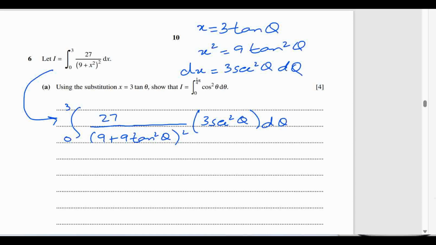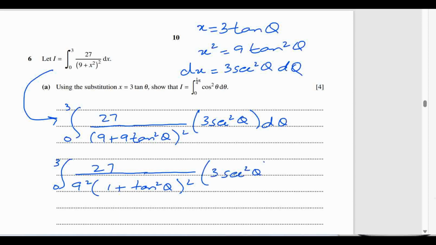Now let's simplify this one. So this will be the integral from 0 to 3 of 27. Now we can take 9 square as common, so this should be 1 plus tan square theta whole square into 3 secant square theta d theta.